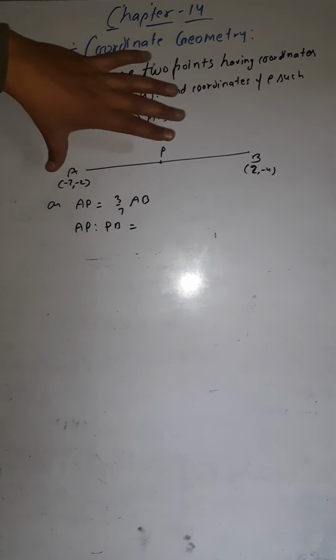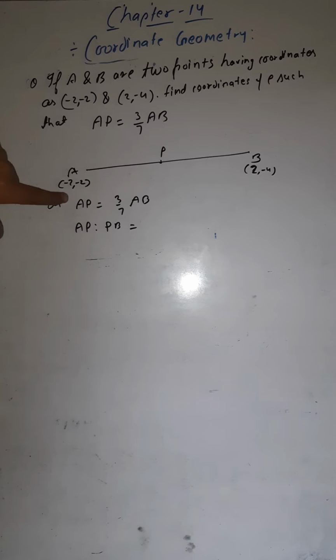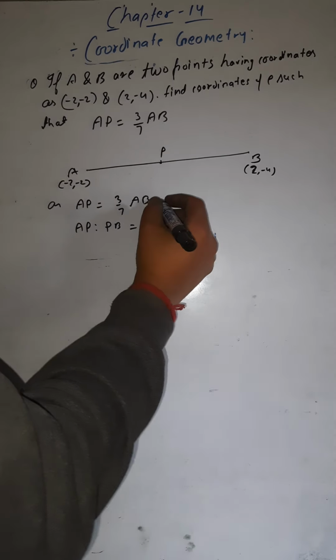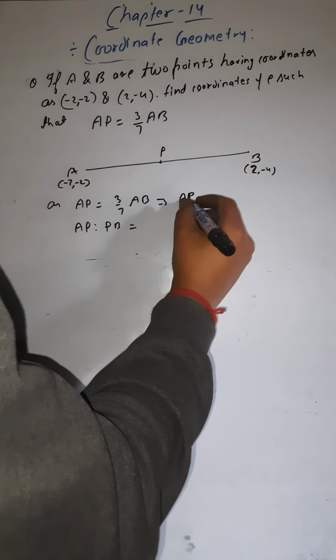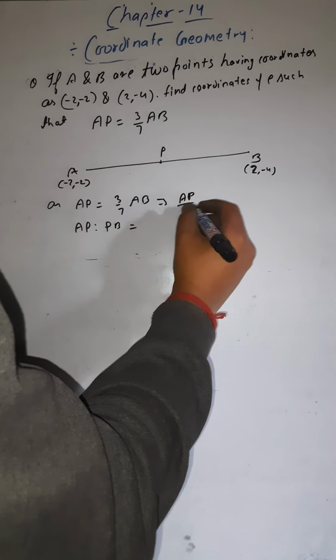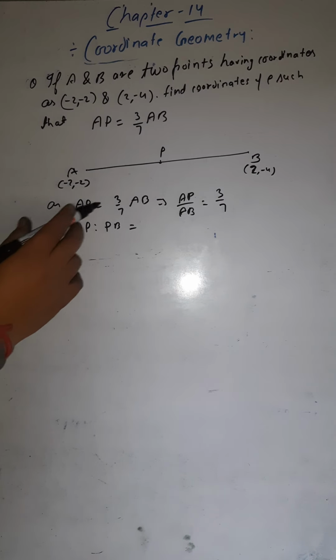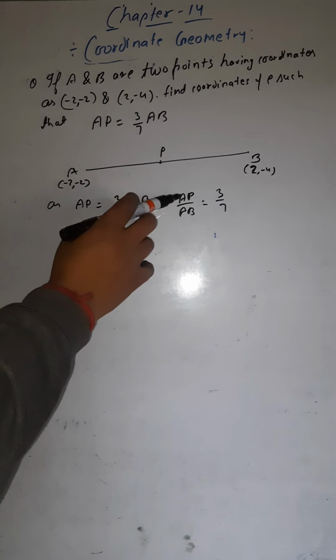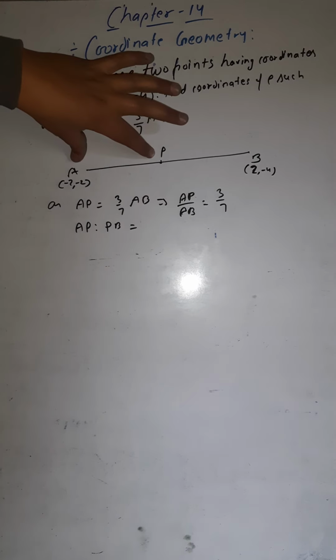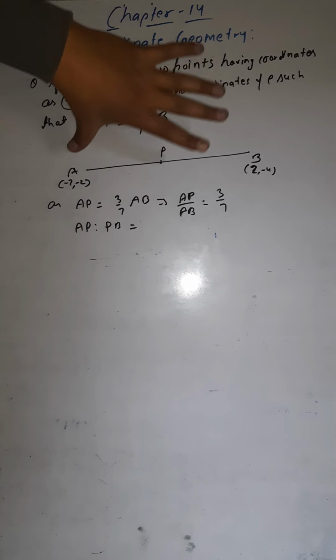This is 3 and this complete is 7. AP by AB, if I just write here, is equal to 3 by 7. So AP is 3 part and AB is 7 part.